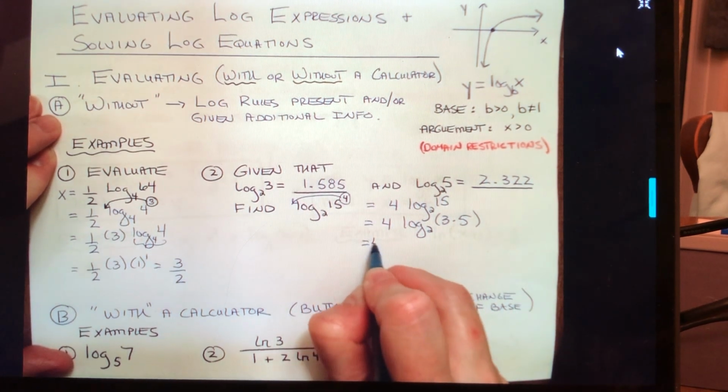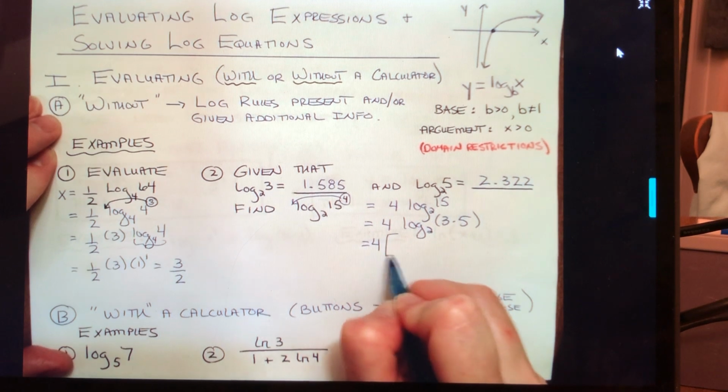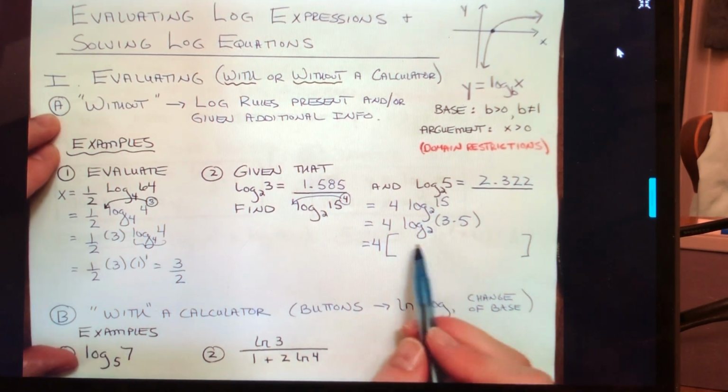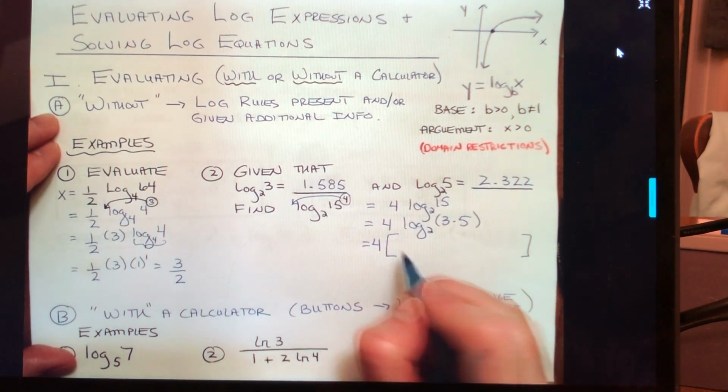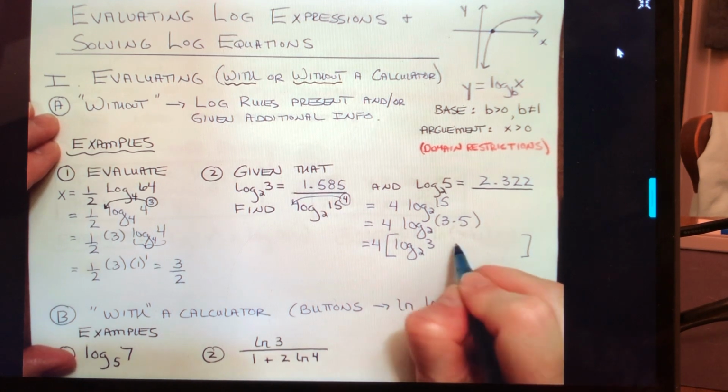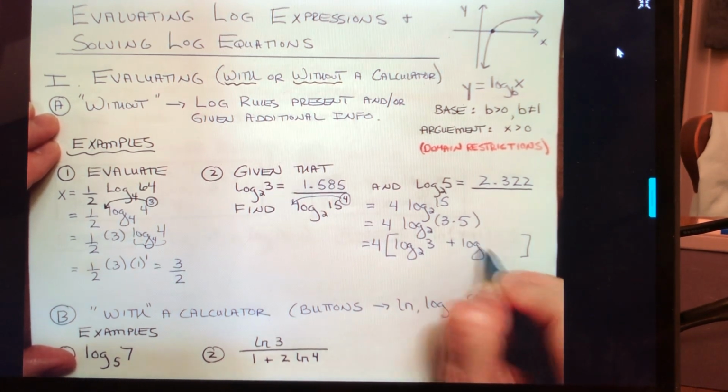So if I do that, I have 4. I'm going to use a bracket here because that 4 does multiply this whole thing, so I want to be careful of that. But if I break this into 2 logs, I have the log of 3 plus the log of 5.